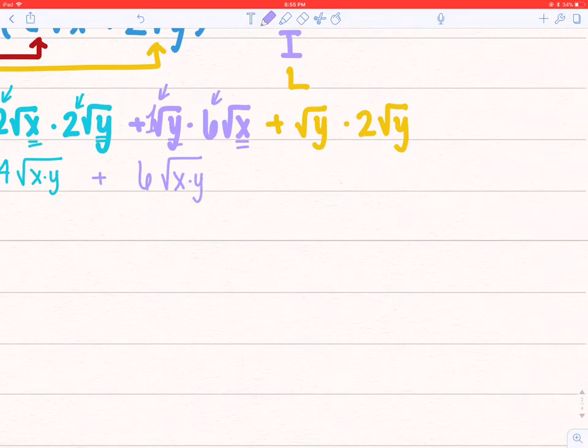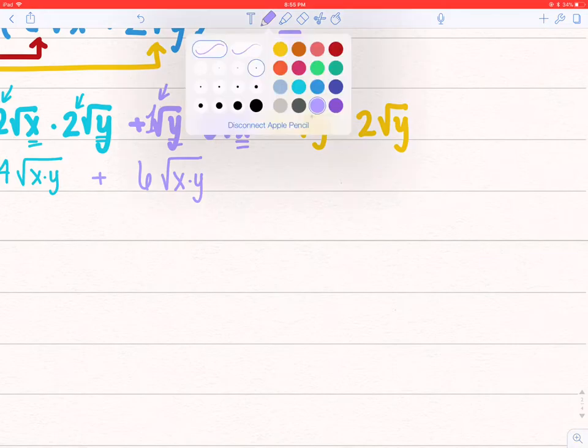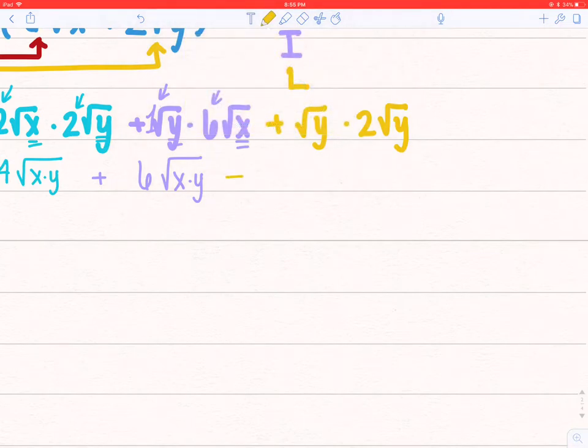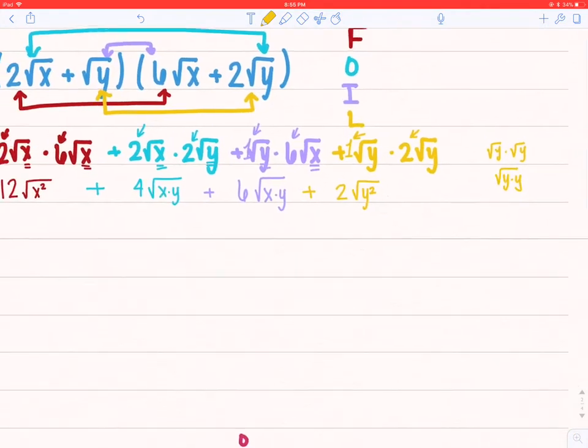Instead of y times x, I wrote it as x times y. Commutative property says that you can flip the order over multiplication. And then my last one, I have another 1 in front, so I have 1 times 2, which gives me 2, square root of y squared. Again, that middle step, I stuck them under one radical, and because I could combine y times y to be y squared, I went ahead and stuck it as y squared.